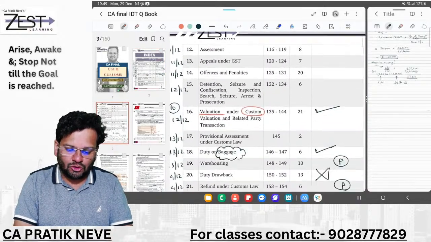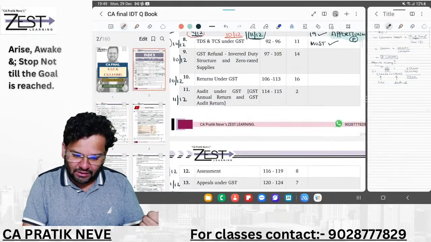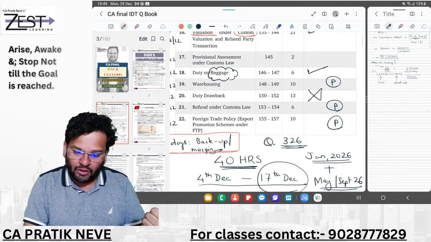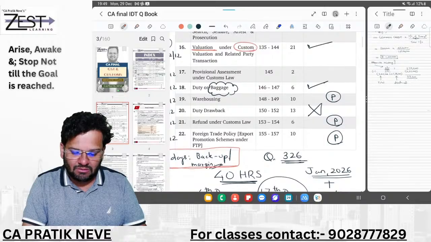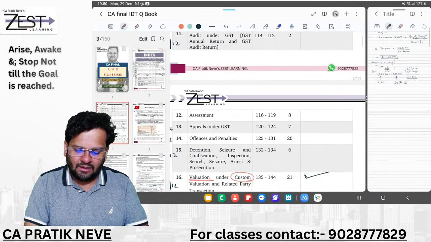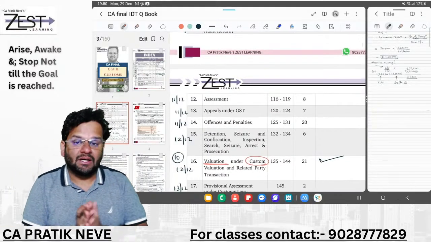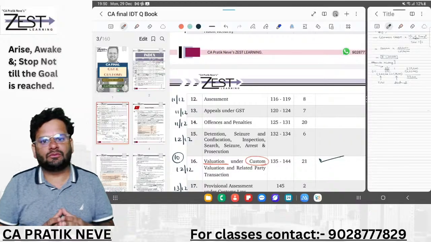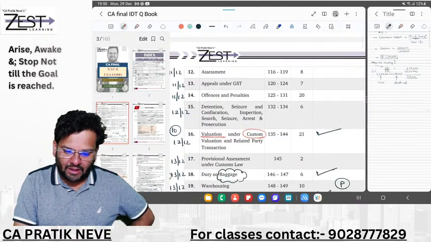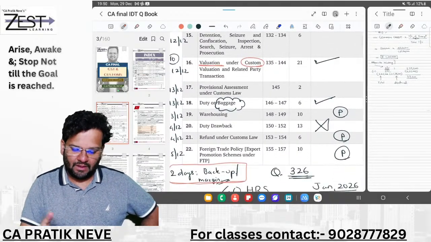So we'll take 4 to 5 more sessions. We will take one on returns, then one on FTP. Surely we will take one on FTP also. Okay, and offenses and penalties and appeals. In appeals, especially the calculation of what you can say pre-deposit money. Surely we'll do that. So that's it.